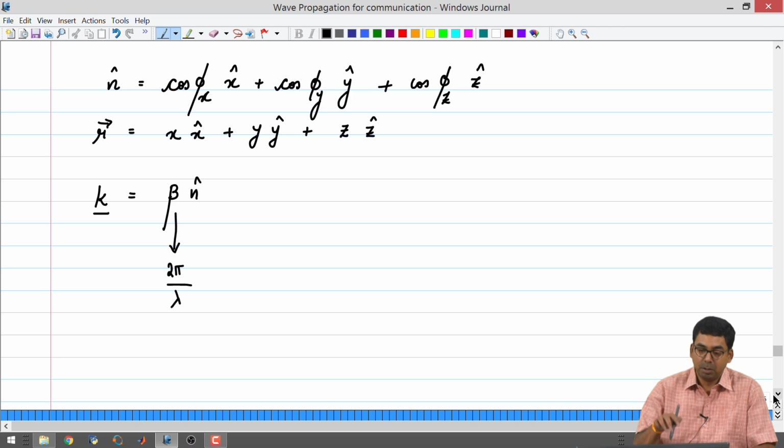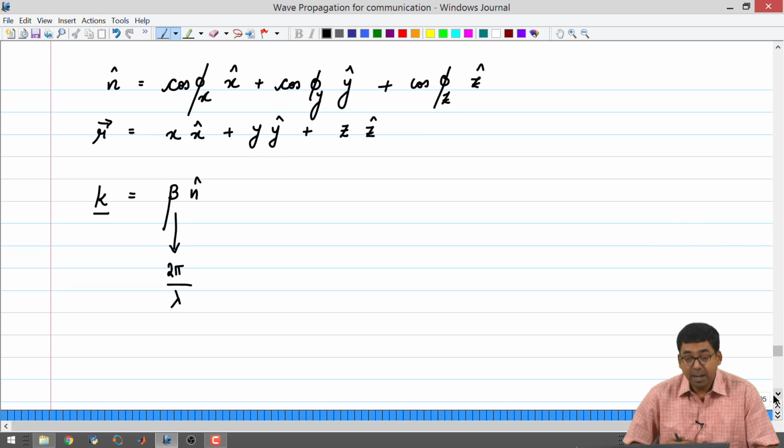Remember that we have talked about the coordinates, we have not described the medium. The medium could be air, the medium could be water, the medium could be slightly conductive, or it could be a poor dielectric, etc. In any of these media, in the previous classes we have seen that beta could be different. We also saw that as omega increases, alpha could be different, beta could be different.